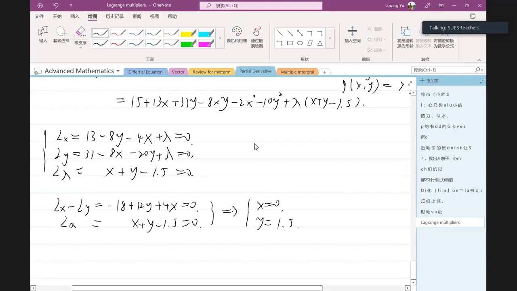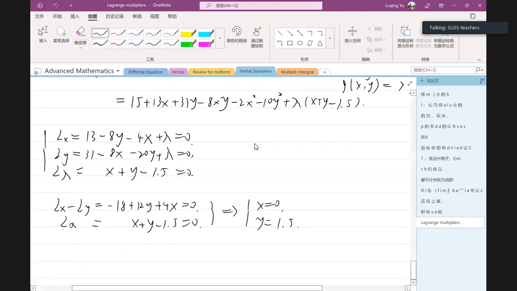When you are solving this kind of question in our finals, I'm going to make sure it is kind of easy. It will not depend too much on your calculation capabilities.